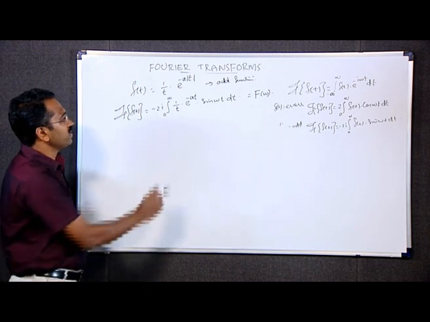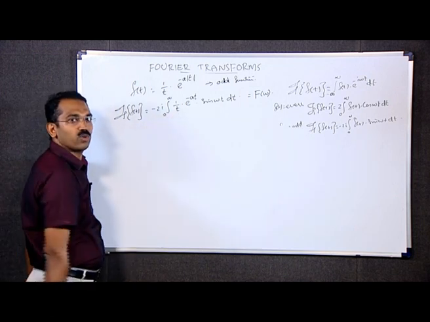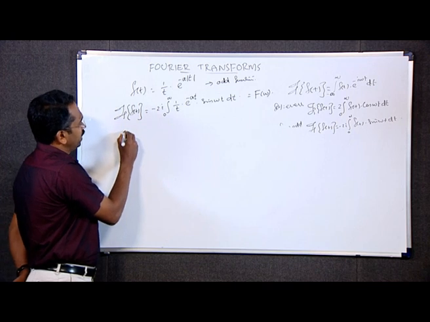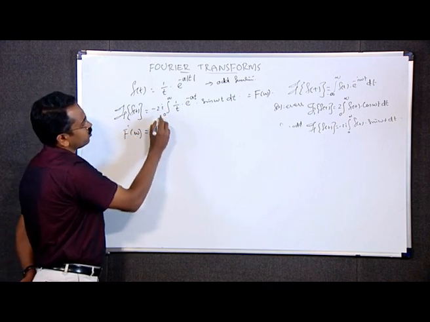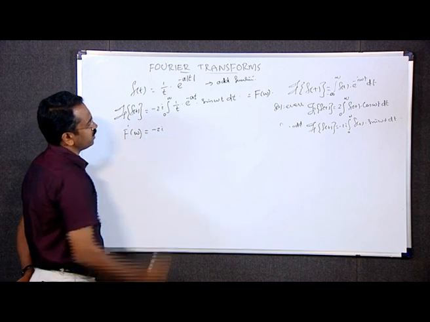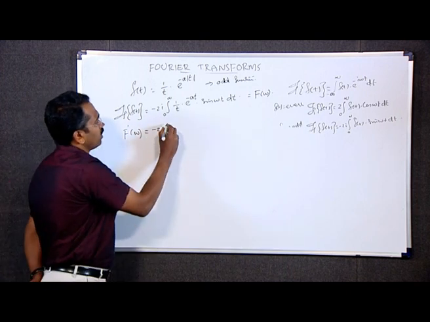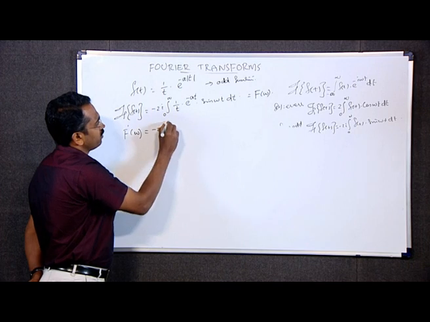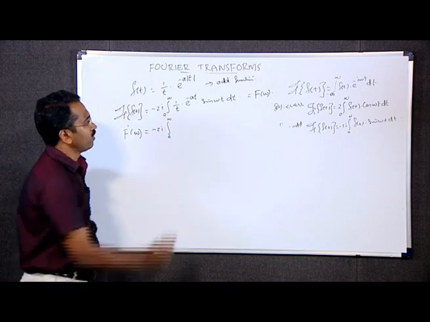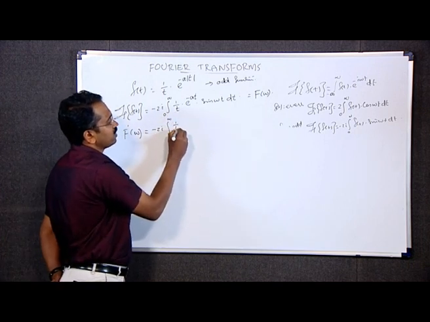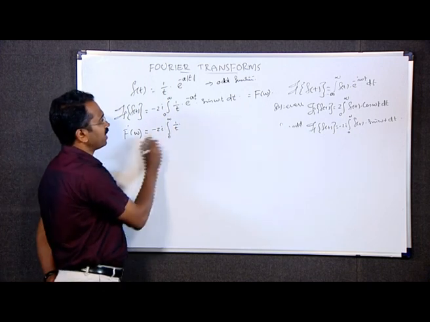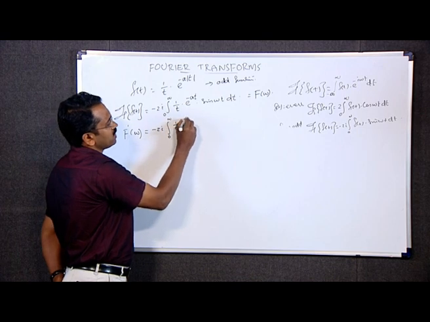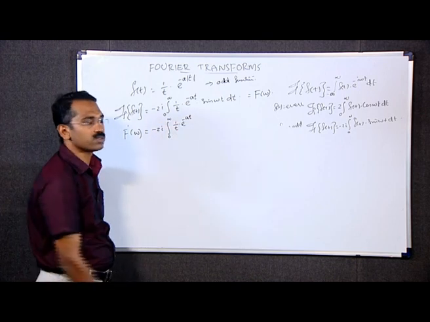Now, differentiating with respect to omega, we get f dash of omega is equal to minus 2i into integral from 0 to infinity. 1 by t is a constant because the differentiation is with respect to omega. e raised to minus a t is also a constant.